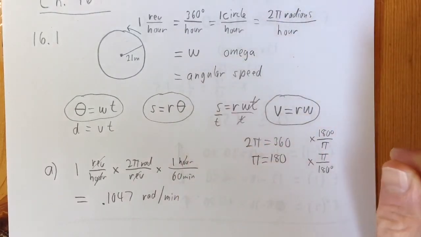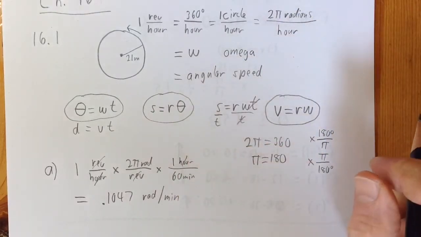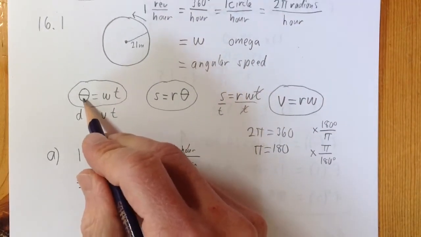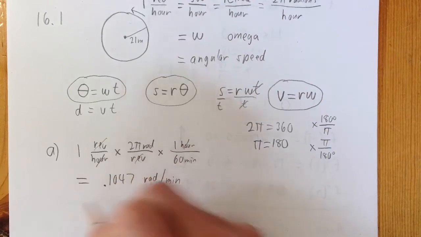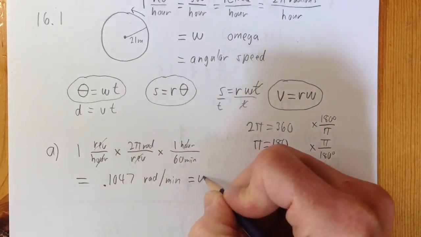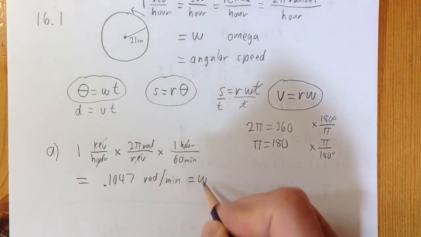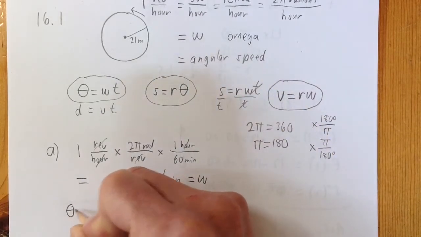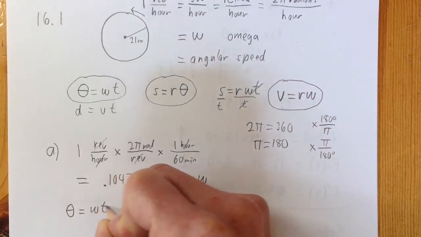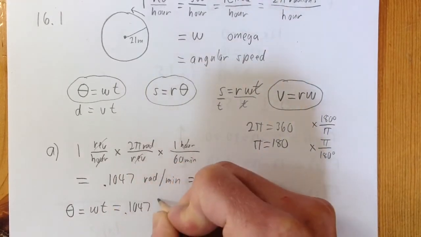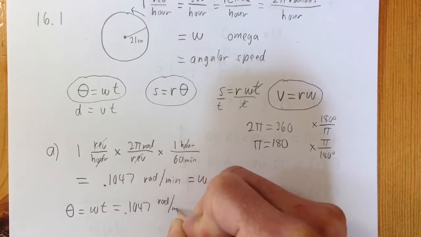Now they ask through how many radians does it turn in 100 minutes. So we want radians, which is an angle, so we use this formula. This is omega. This is how many radians per minute, which is how fast the angle is changing. That's our omega. So theta is omega t, which is 0.1047 radians per minute times minutes.